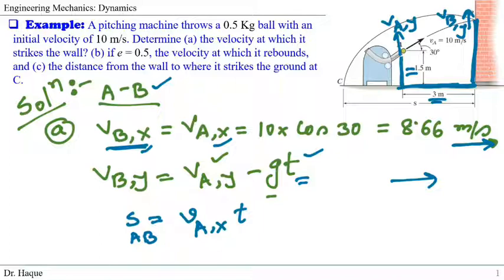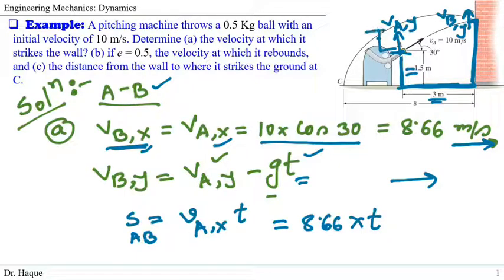So it's only VAX t, right? So we know VAX. This is the VAX, 8.66, and we need to find the t because it's the same time. The time the ball takes to climb up to point B, this height, is the same time in which the ball travels from this point to this point, 3 meters.